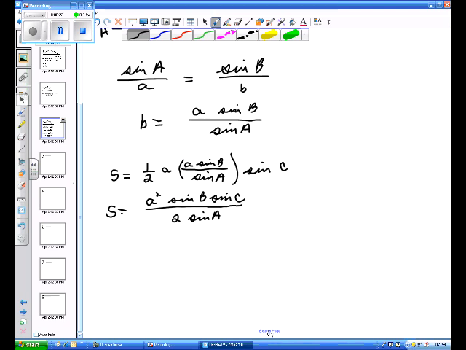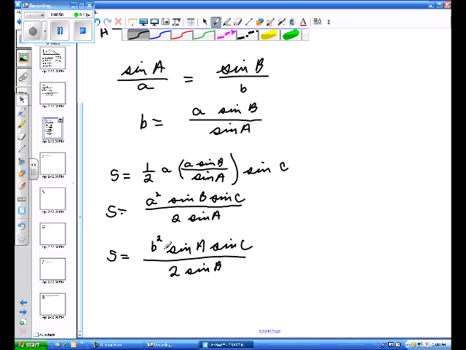So we could also do this formula. We could go back and do it again, but we would get that if we were given side B, then it's going to be B squared sine A sine C divided by 2 sine B. These are the two angles, side B is between these two angles.